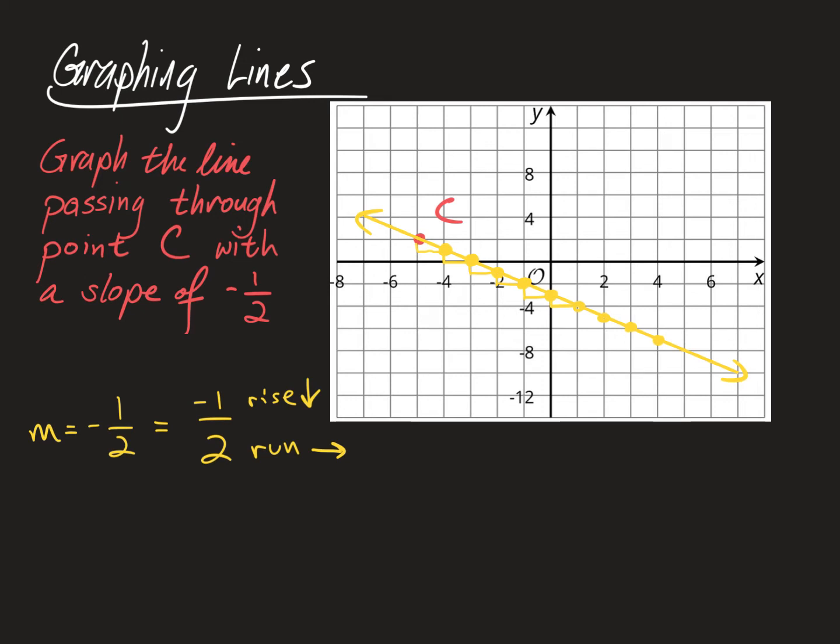So we understand how the slope works. We were given a specific point. I want to take a time right now really quickly to identify two other really important points, and it's this one right here as the x-intercept and this point right here, which is the y-intercept.